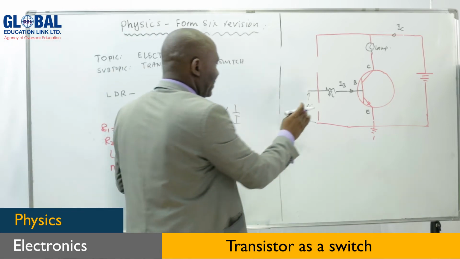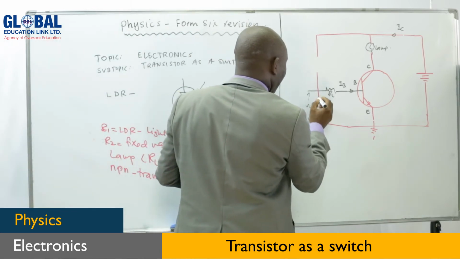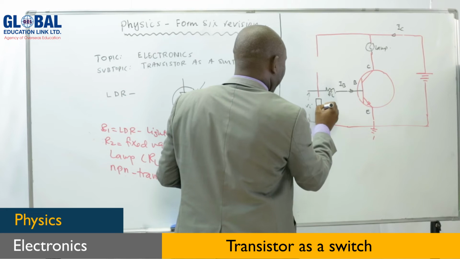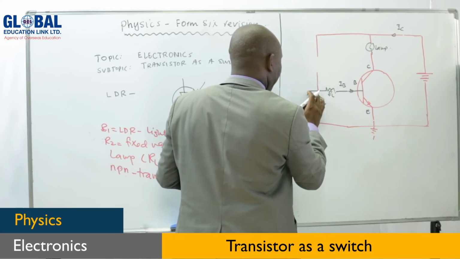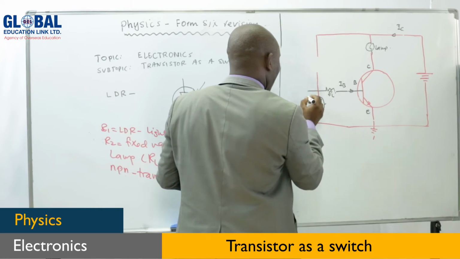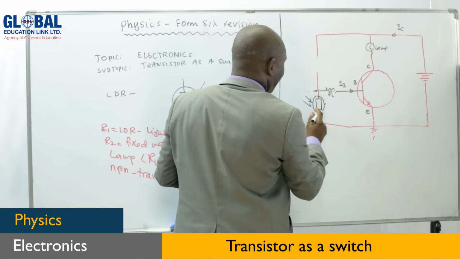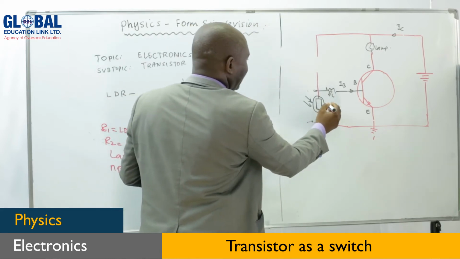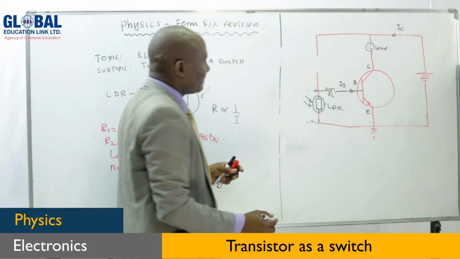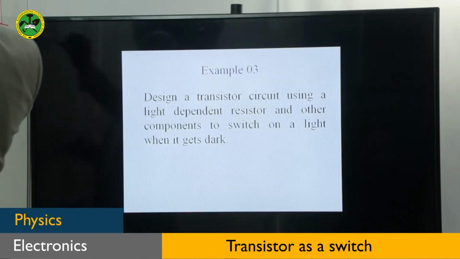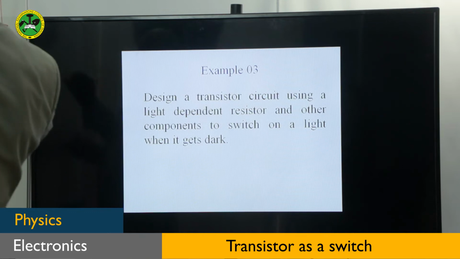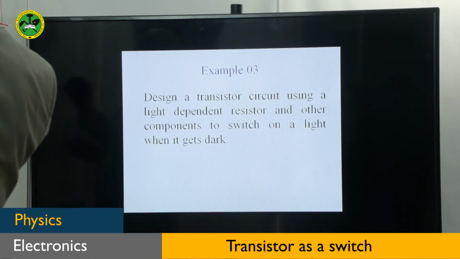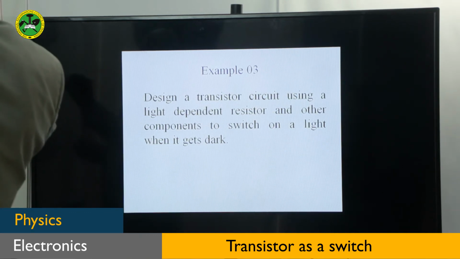Let's check if it's supposed to be here, at the base. This is our light-dependent resistor, LDR, and that's where you fix it. This is our R1, and this is our R2.